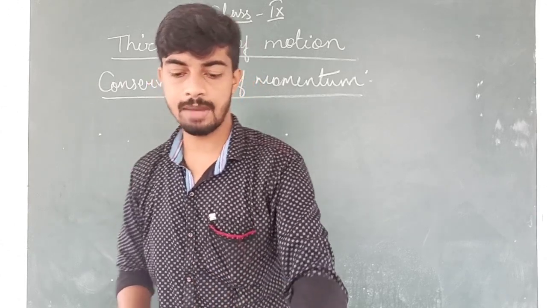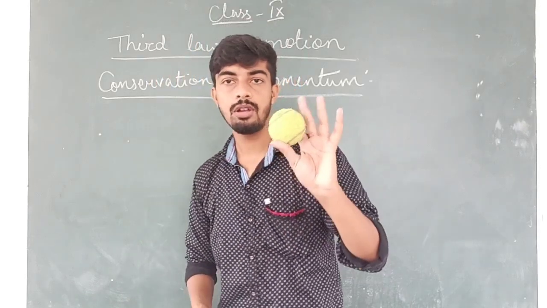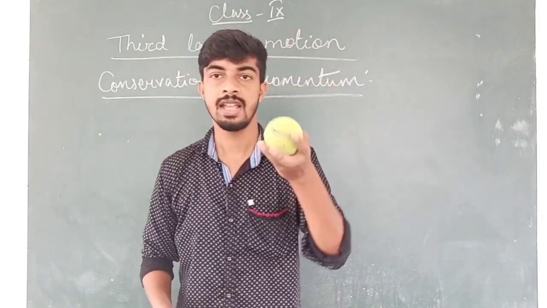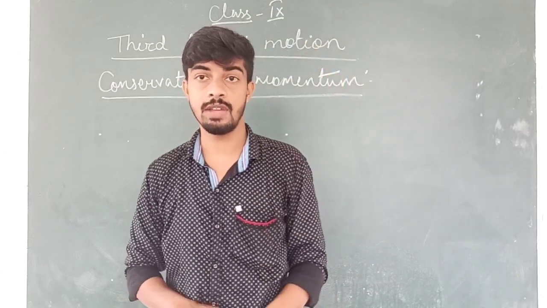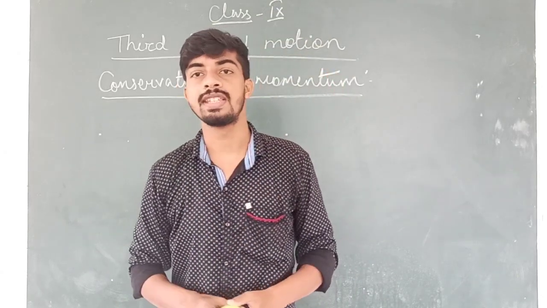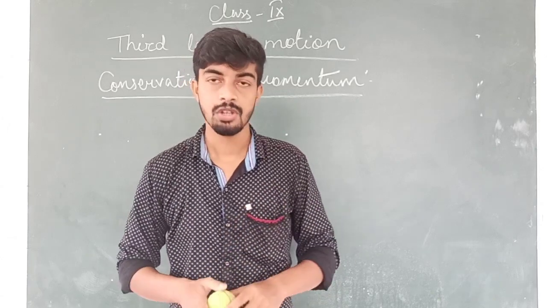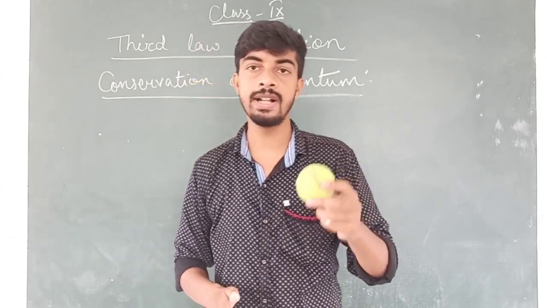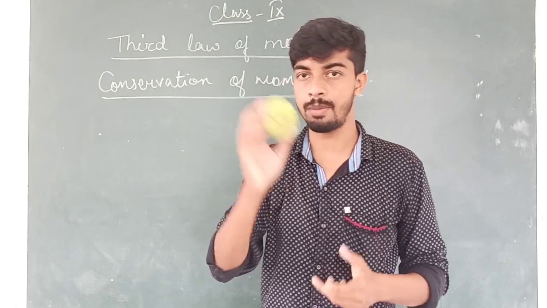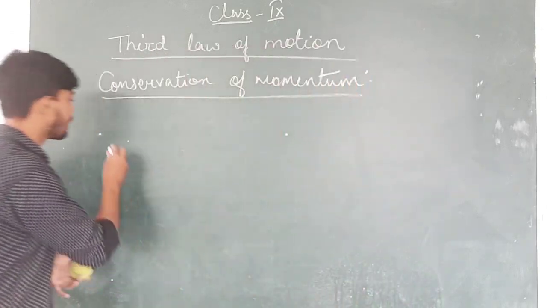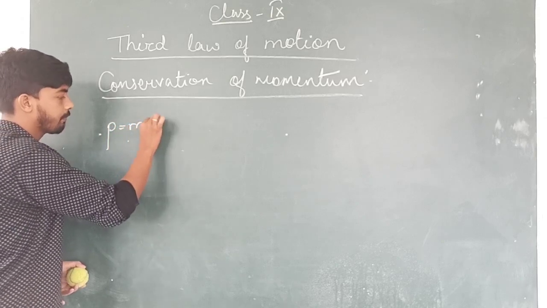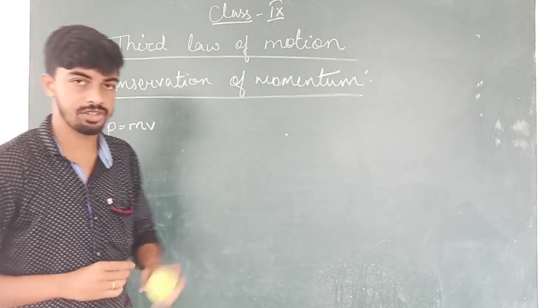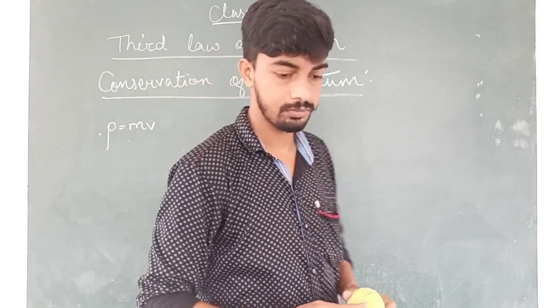Taking the same example of the ball, the ball has some mass, and if the ball is dropping down or if I am throwing it, it has some velocity. That creates the momentum of the ball. So momentum is simply denoted as P equal to mv, mass into velocity of the object.